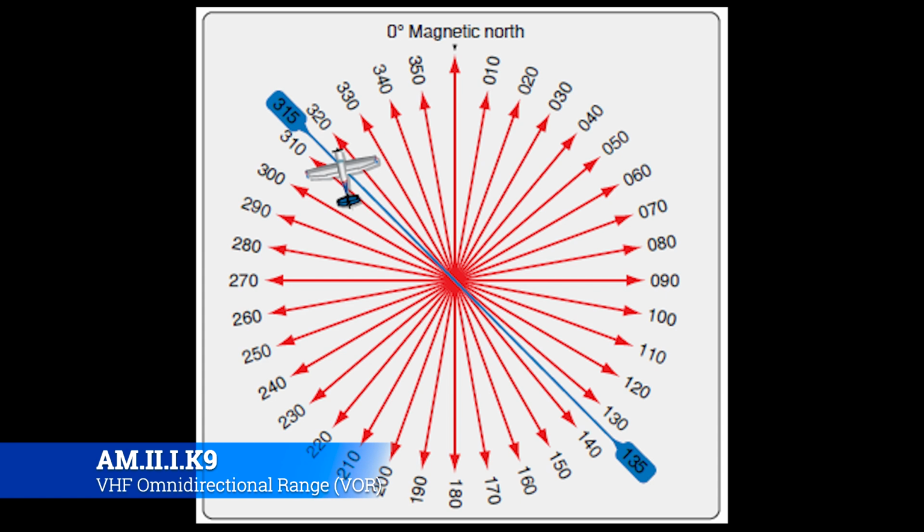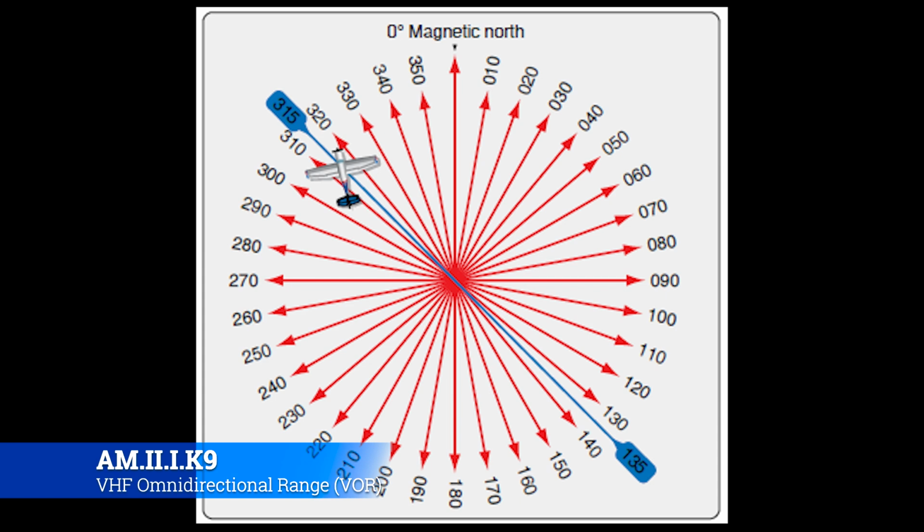The VOR will simply tell it, "Hey, look, you are from the station at 280 or 315 or whatever the direction happens to be," and that allows you to do a lot of things. If you have multiple VORs, you can tune to multiple VORs at one time, and then say, "Okay, I am to this station at such and such a degree, and from this one at another degree, and to this one at another bearing."